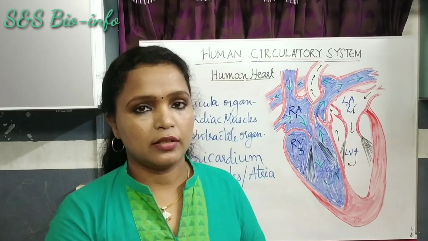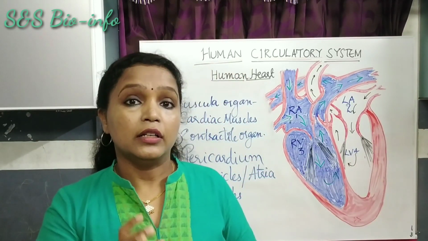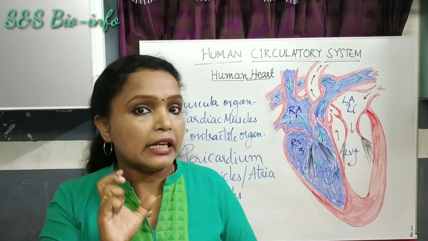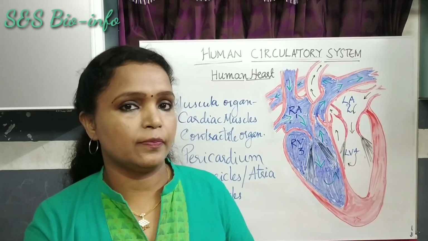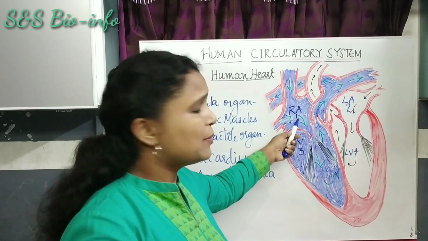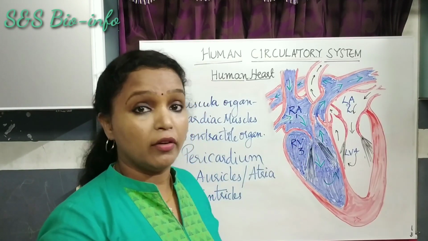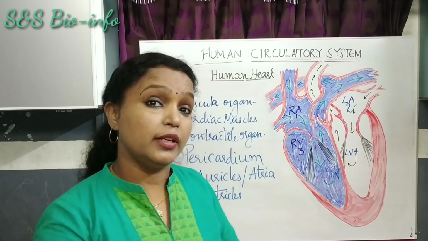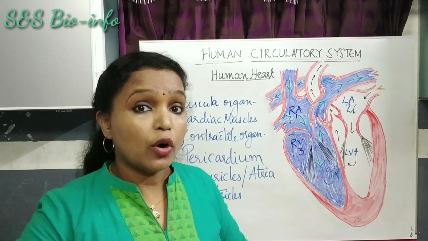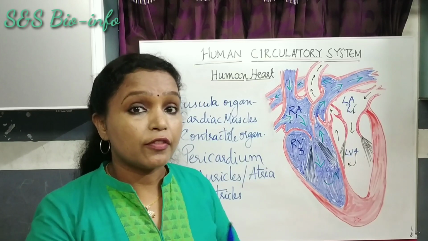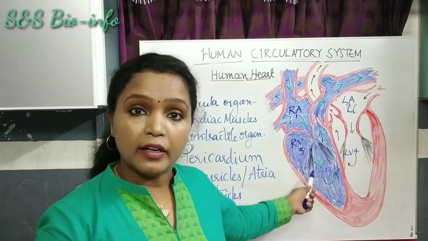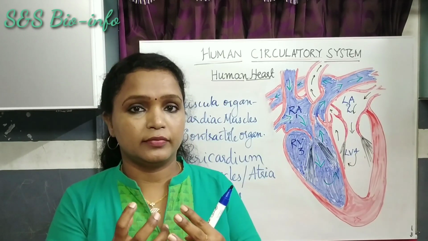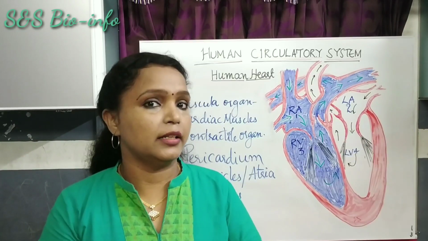So, atria just pump blood to the respective ventricles only, while the ventricles pump blood to different parts of the body. In order to pump the blood to different parts of the body, ventricles have more strength, so that they are thicker in appearance.